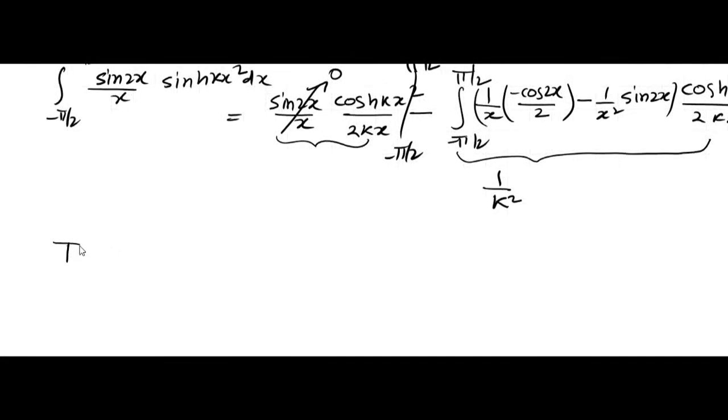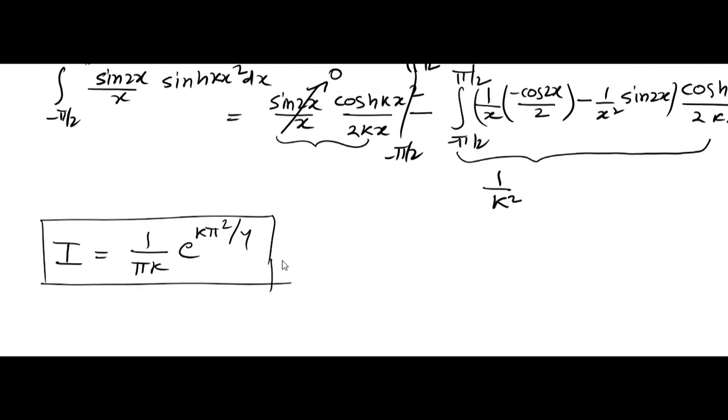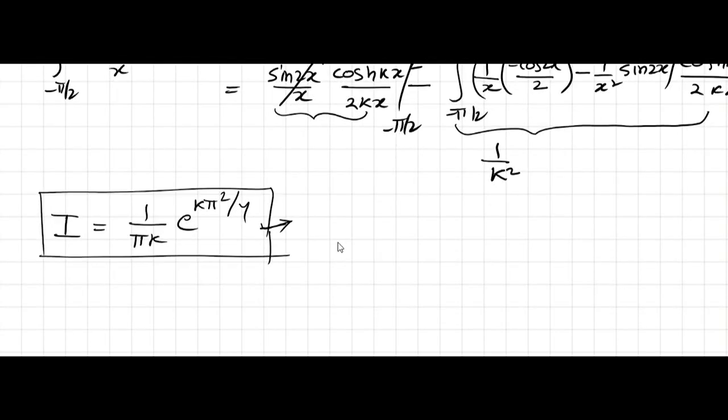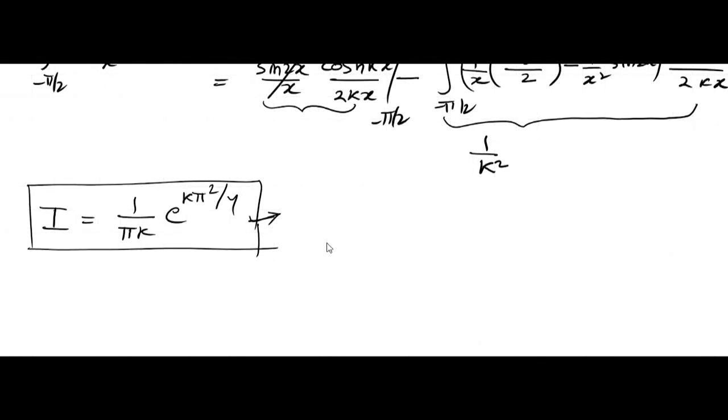So I think in the large k limit, this integral should converge to 1 over pi k e to the k pi square by 4. Once again, I'm not sure this answer is correct, but most probably it should be the correct one. So please write down your valuable suggestions in the comment section, and just wait for the final answer sheet to come. Thank you very much.